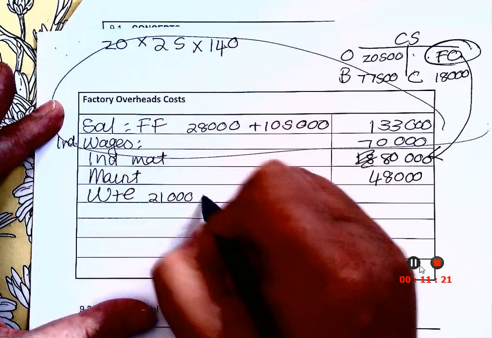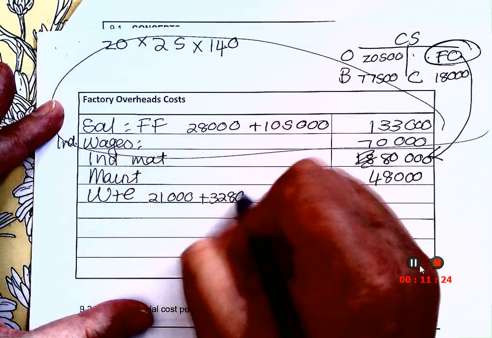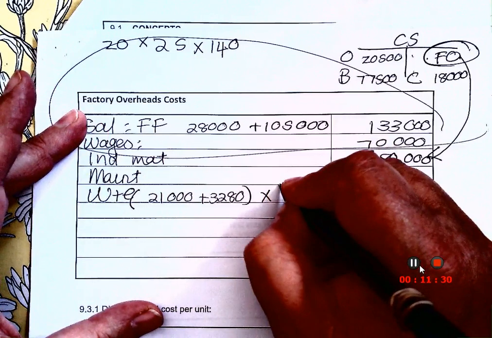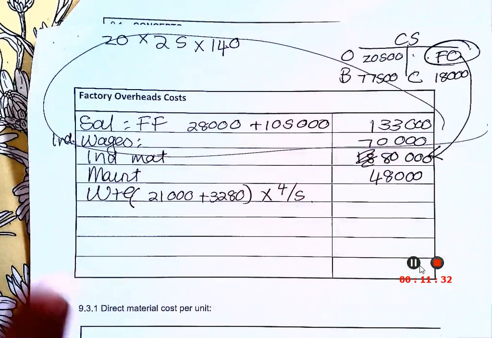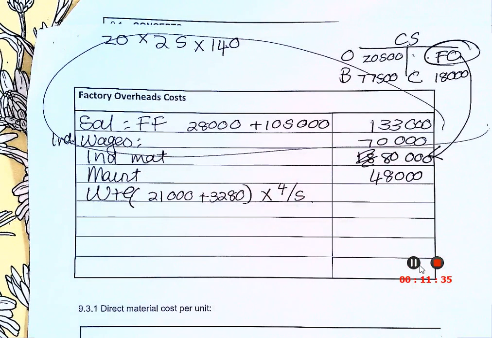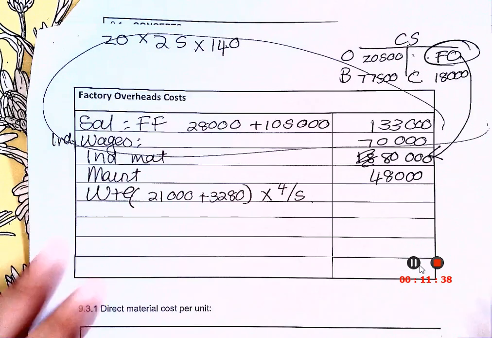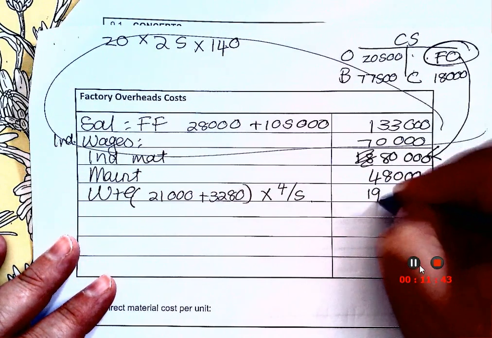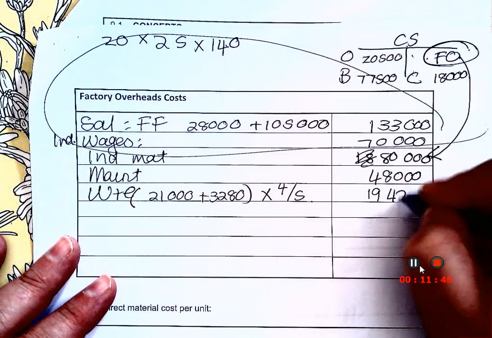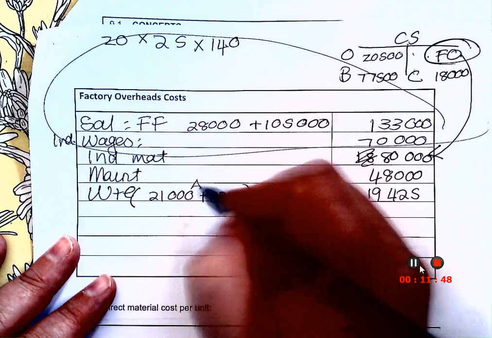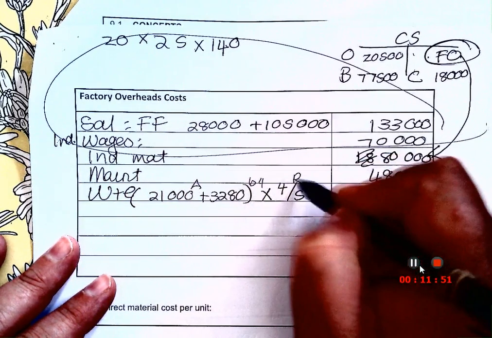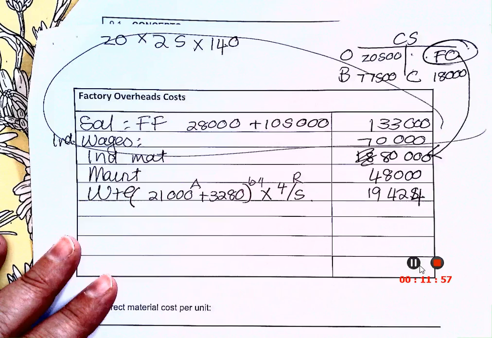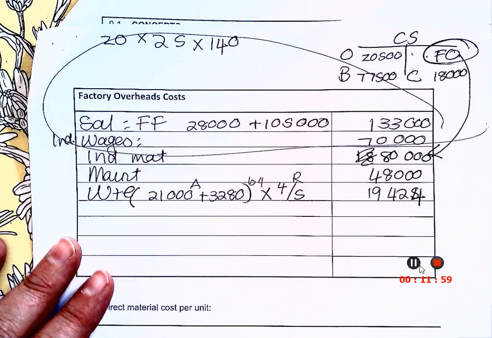Amount of 3,280 still outstanding, and we allocate 4 out of the 5 parts to factory overheads. How much is that? 19,425. Can you see? Adjustment before ratio. It's just a technicality, eh?